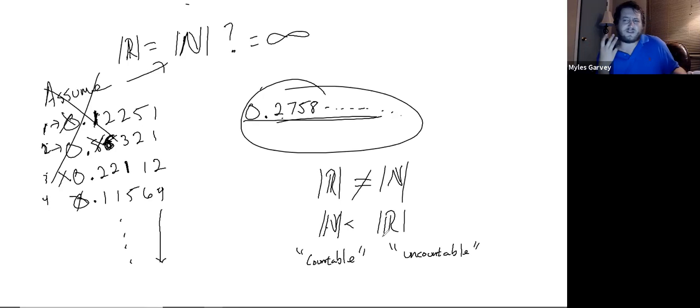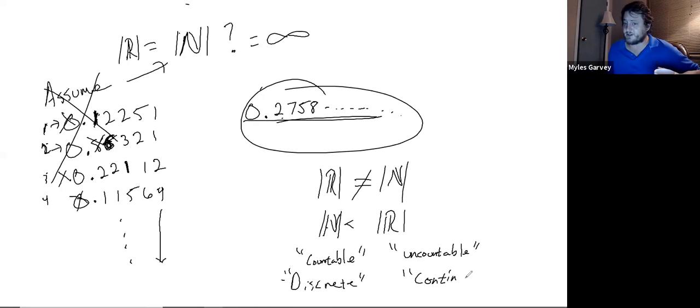Why does all of this matter in the scope of applied business analytics? Because this is what we often refer to as discrete. And this is often what we refer to as continuous. And how we model things in the real world, in terms of how good our results are in being able to predict things, rests on how we modeled it, whether it was modeled as discrete or continuous.